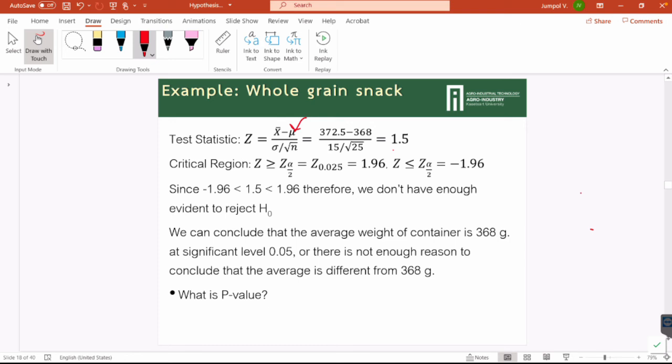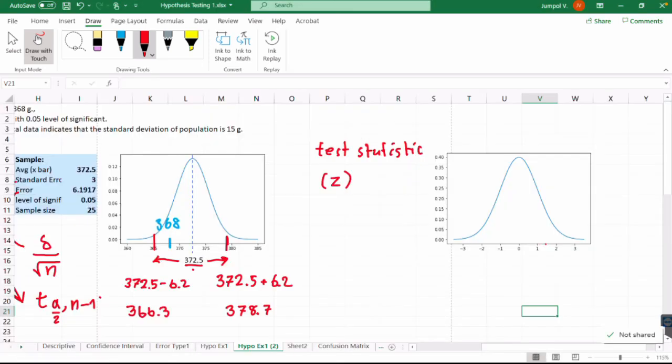So in this case, it's going to be 372.5 minus 368 divided by 15 divided by square root 25, and we got 1.5 here.